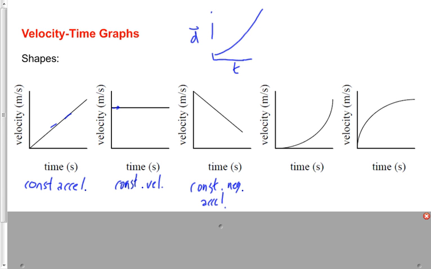So not only is it going faster, but the rate at which it goes faster is increasing. Does that make sense? The velocity is increasing, and the rate, oh, this is a mouthful, the rate at which the velocity increases. So we're going to say an increasing acceleration. Not just an acceleration, an increasing acceleration.